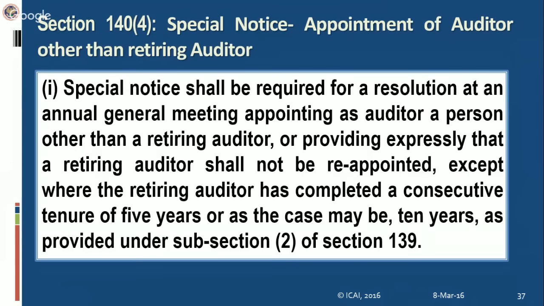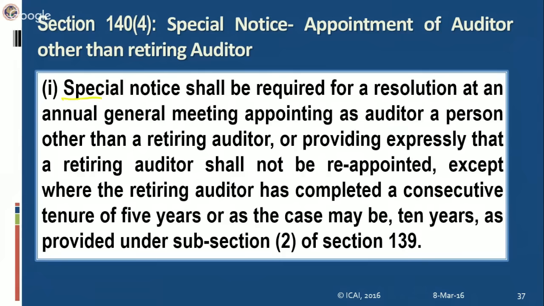Section 140 subsection 4. Now special notice. This is regarding special notice in case of appointment of auditor other than the retiring auditor. Special notice shall be required for a resolution at an AGM.